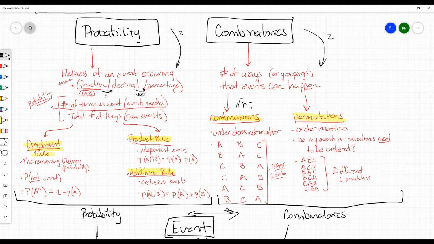So nCr is n factorial over r factorial times n minus r factorial, and permutations nPr is n factorial over n minus r factorial. You'll see all of this in our practice problem exercises, or our study exercises for this week.